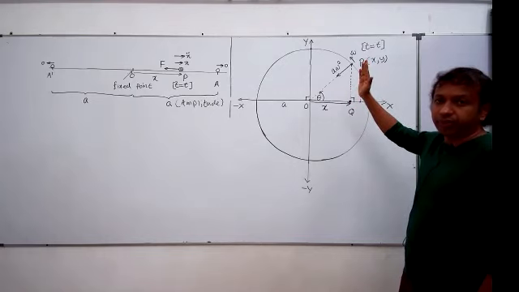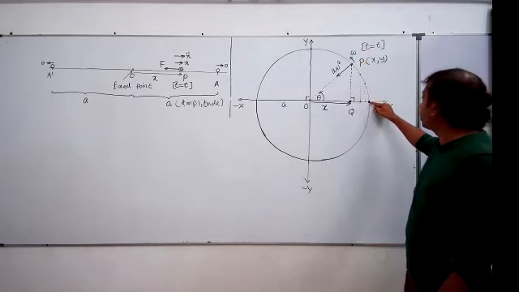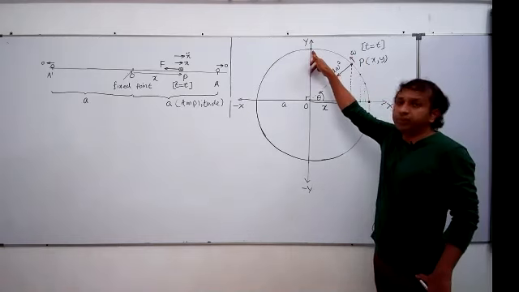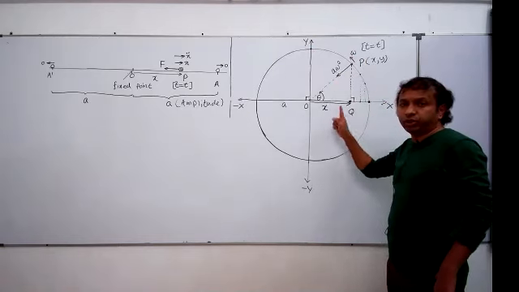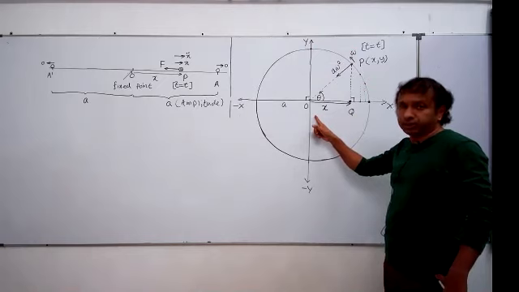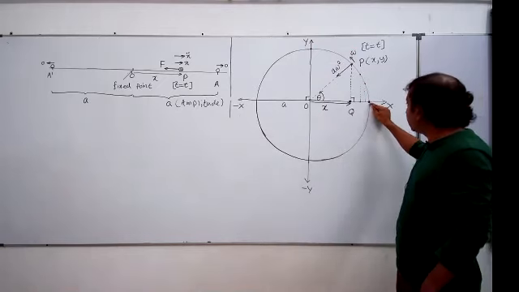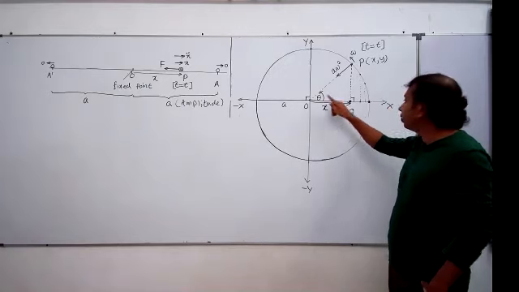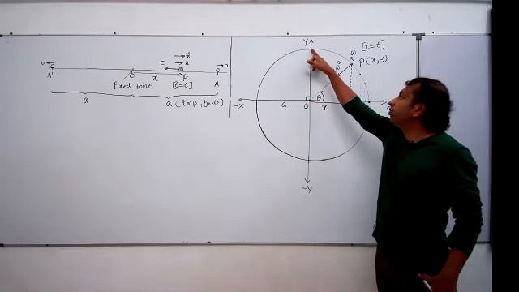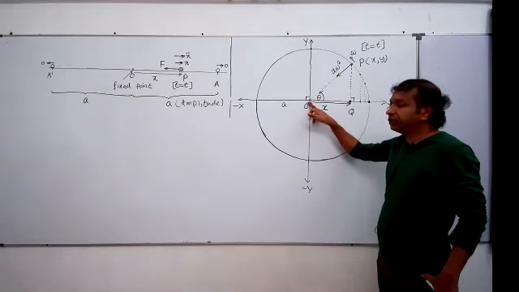Now particle P comes from here to here. Then its horizontal displacement is simply A. And on that occasion you can see the point Q also coming from here to here. Why? When the point P is here, once you drop a perpendicular from there on the x-axis, point Q comes to this.